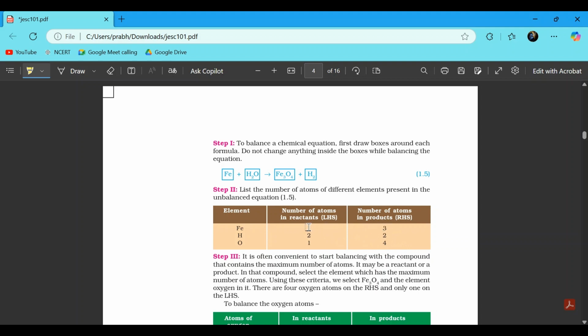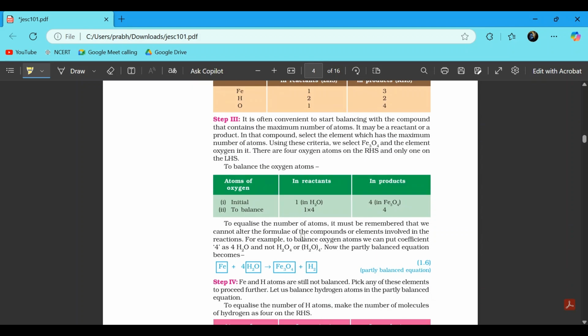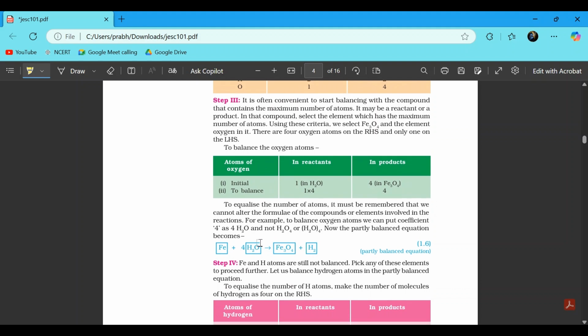When you multiply 1 by 3, it is 3, and the 2 is already fine, but the oxygen is 4, so you have to multiply by 4. In this way you have to balance it.